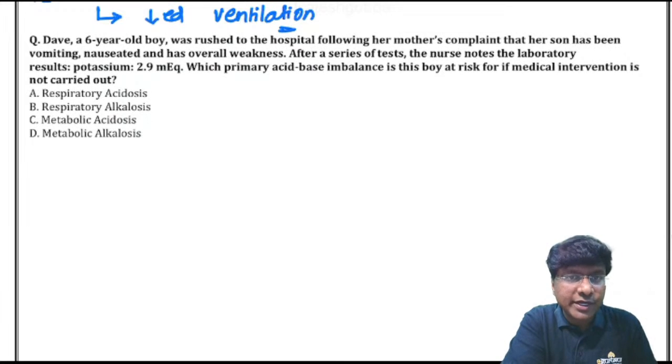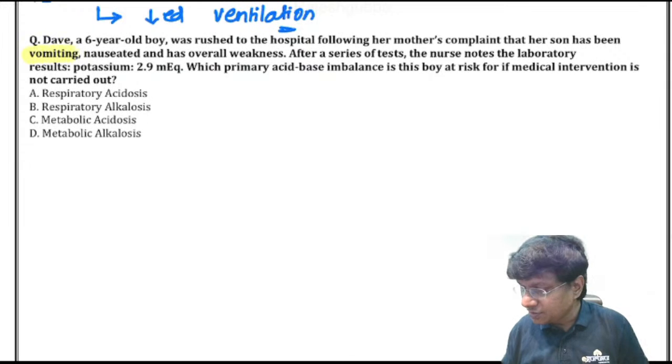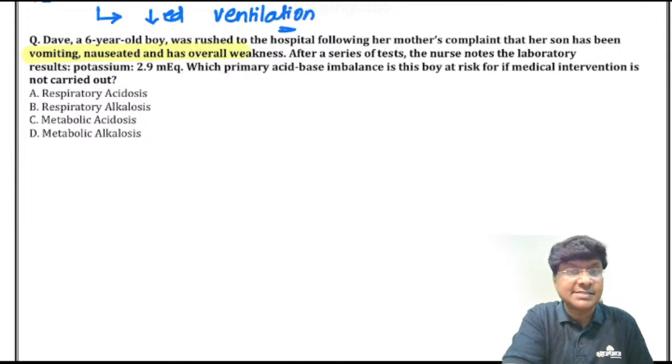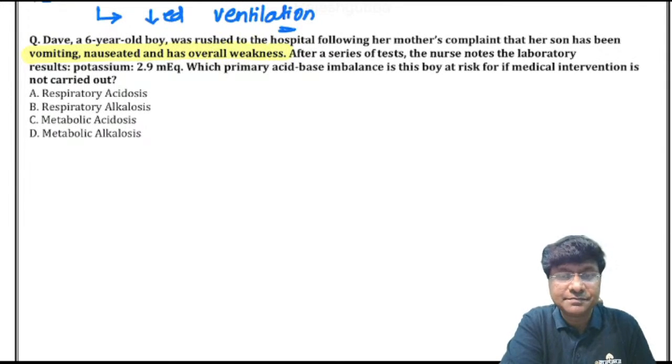A 6-year-old boy was rushed to the hospital following his mother's complaint that her son has been vomiting, nauseated, and has overall weakness. After a series of tests, the nurse notes the following laboratory results. Potassium is 2.9.